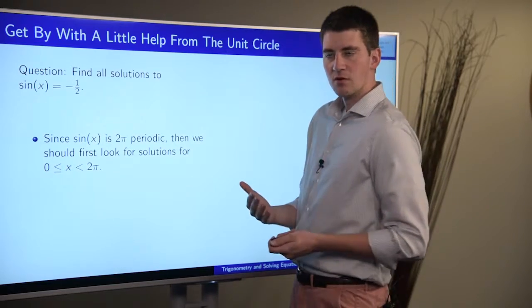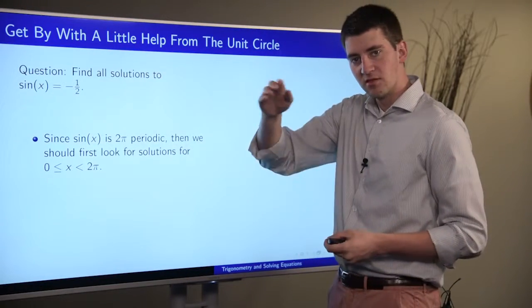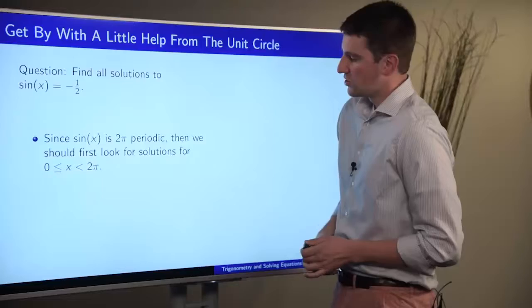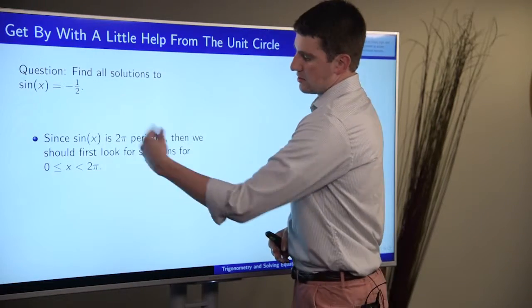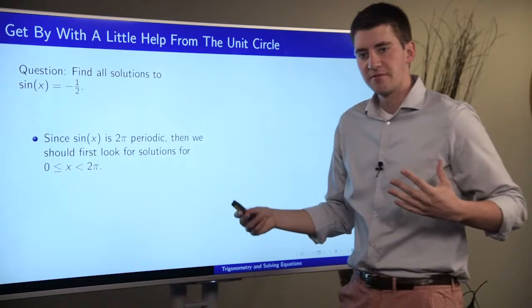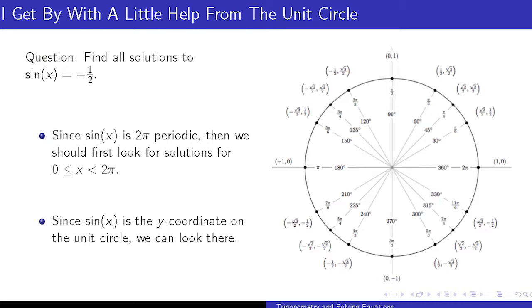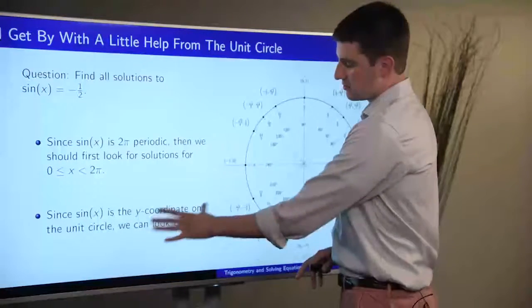So if you look at a typical sine graph, it looks wavy and it just keeps repeating. So what we can do is find where it stops doing the same thing, and then we just look over there and we can extend further. For this example, since we know that cosine is the x-coordinate and sine is the y-coordinate, we can just use this value right here.